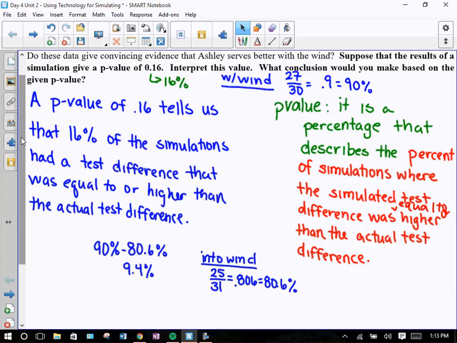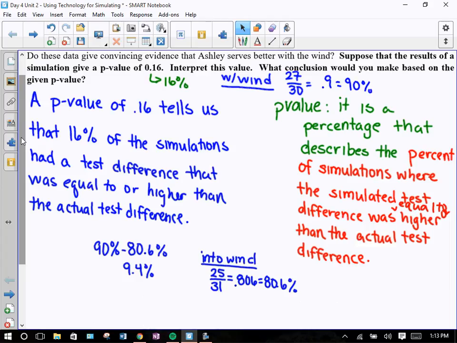Now, the part that I think you guys are more comfortable with is drawing the conclusions, where you have those 3 guidelines. Does anyone remember what the 3 guidelines are? If our p-value is below 1%, okay, what's the next one?